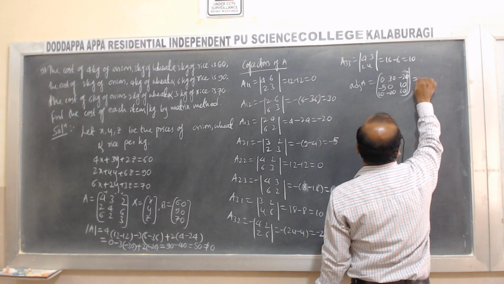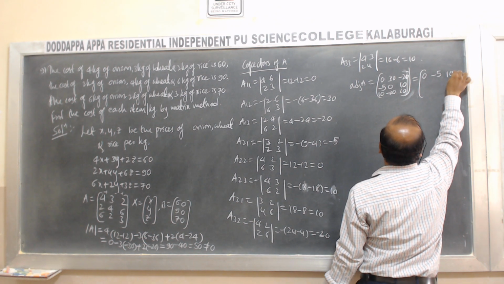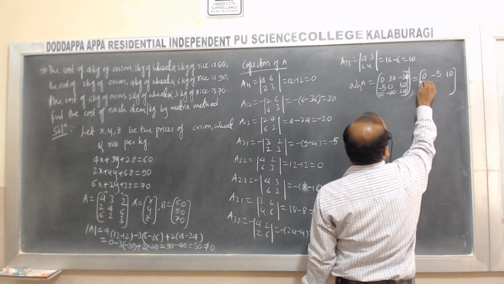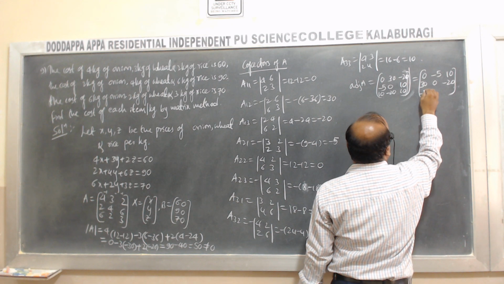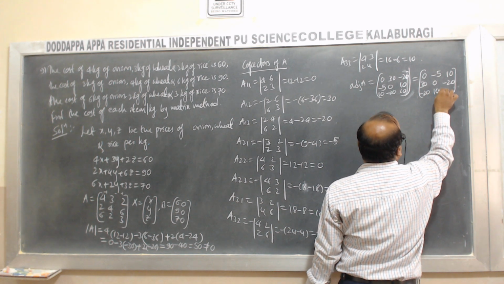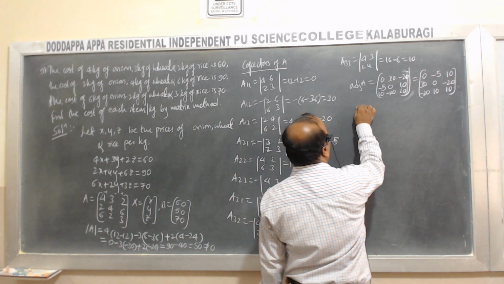Now transpose of this is given by 0, minus 5, 10, second row 30, 0, minus 20, third row minus 20, 10, 10.